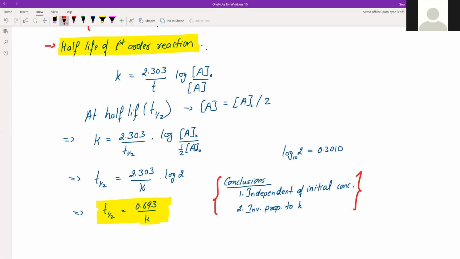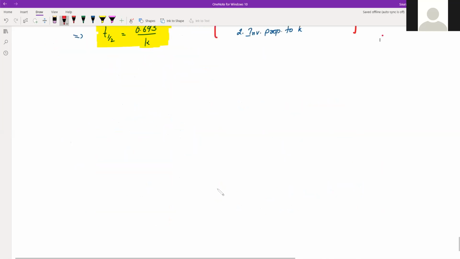For example, that was half-life, but if it is given that you have to find the time where concentration is 2/3 of the initial concentration, then the initial concentration, 2/3 has been left, or 2/3 has been consumed.